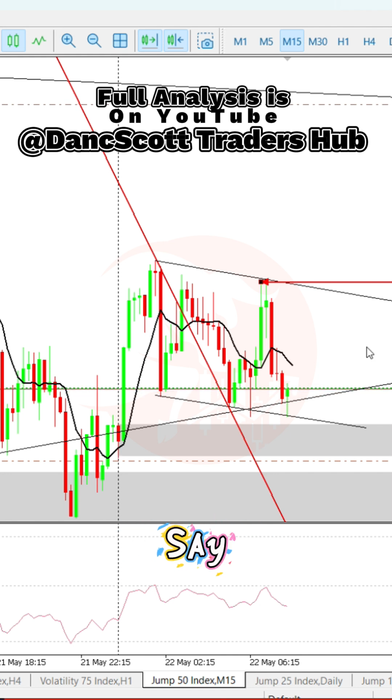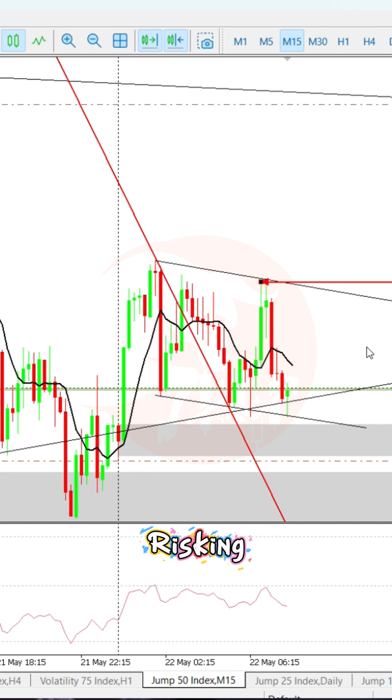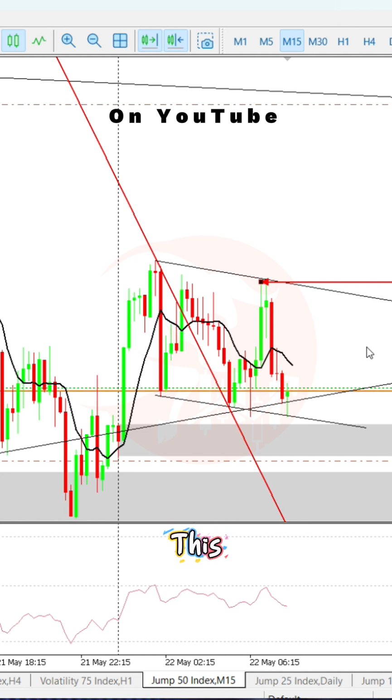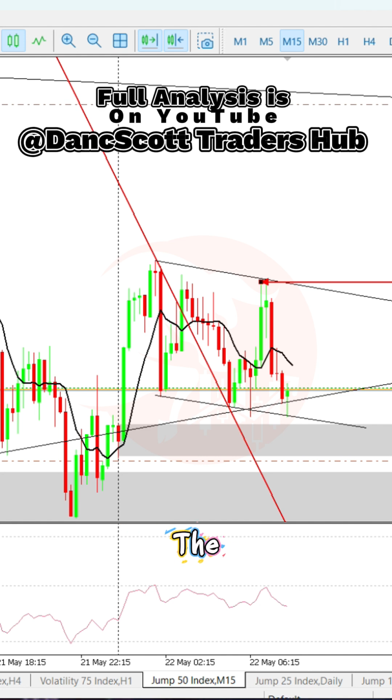Let's say you're looking at risking $10. That is your risk tolerance according to your account. Then you get this entry price, which is this level, subtract the stop loss price here, and then multiply it with your lot size to understand how much you're going to risk on this trade.